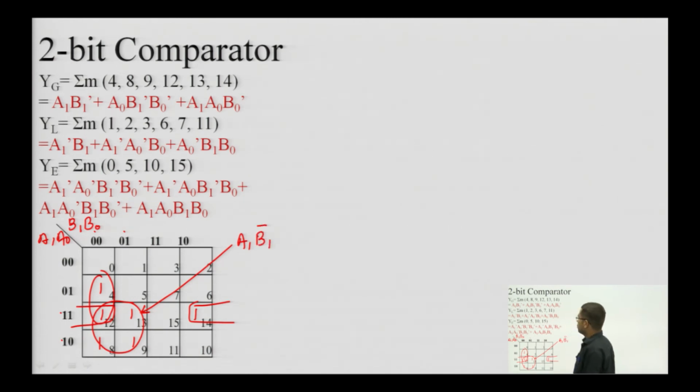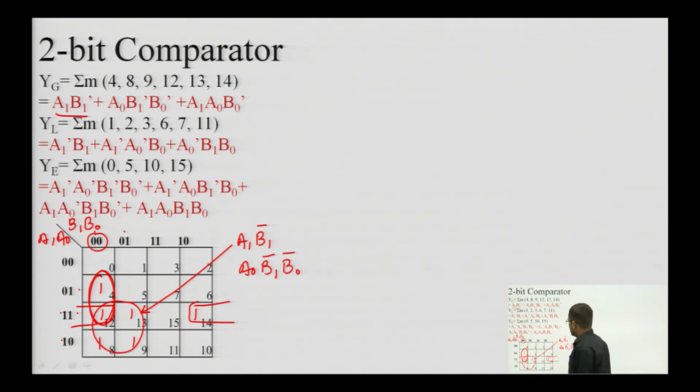So, A 1 B 1 complement, that is why it is written A 1 B 1 complement. Now, this pair, we can see that this 1 is common here, which corresponds to A naught, and from this 0 0 we can see that it is equivalent to B 1 complement B naught complement.